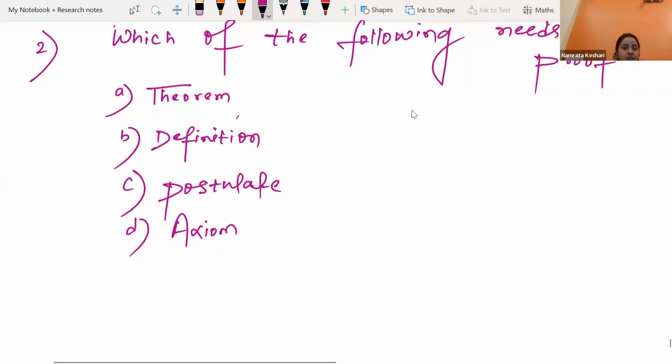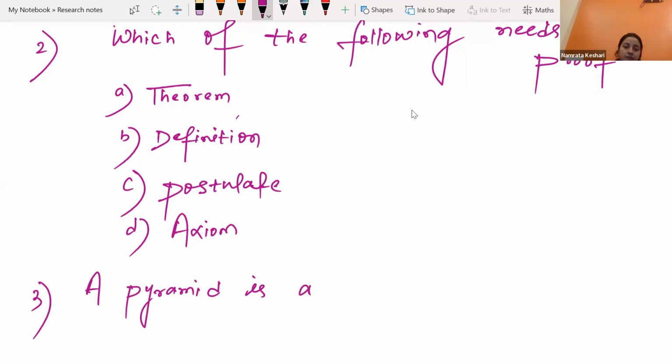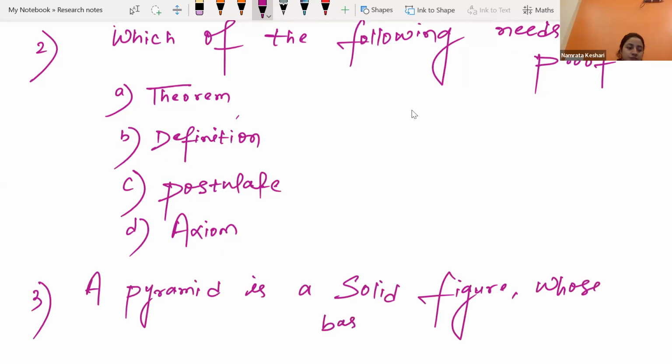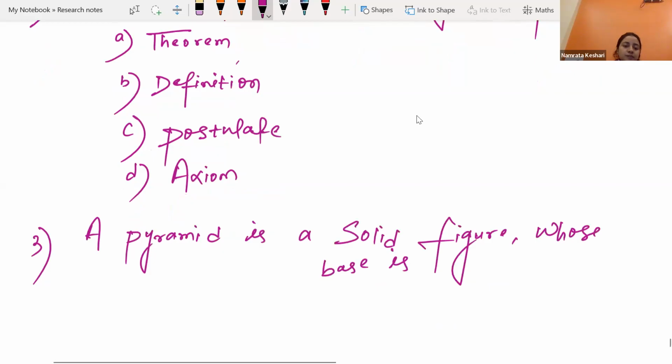Ma'am, theorem. Is it theorem? Yes, it is theorem.